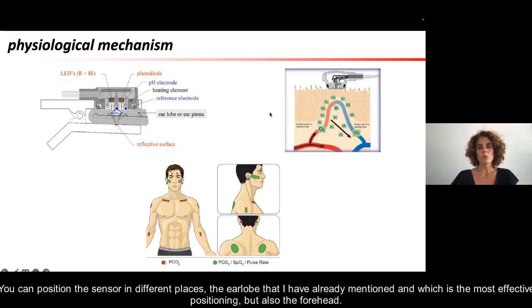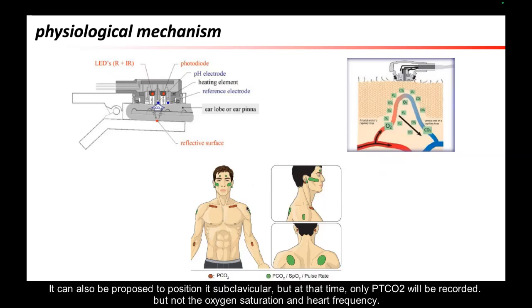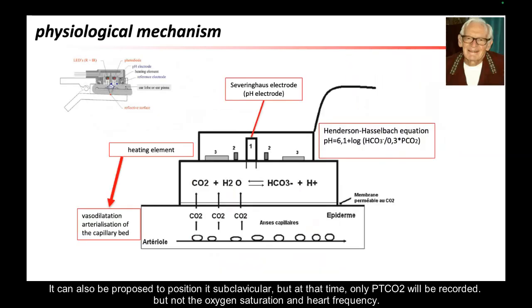You can position the sensor in different places, the earlobe that I have already mentioned, which is the most effective positioning, but also the forehead. It can also be positioned subclavicular, but in that case, only PtCO2 will be recorded, but not the oxygen saturation and heart frequency.